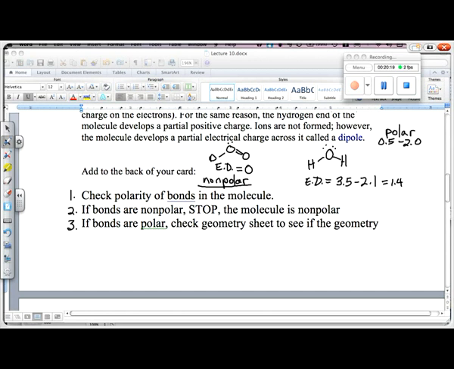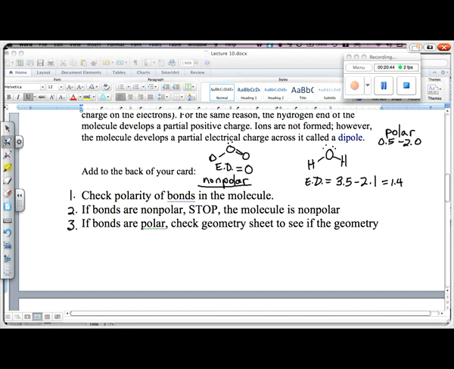This is the first sheet I've seen that actually makes a distinction between the two bent geometries. But anyway, it says yes by both of them. So if you looked on the geometry sheet only, and just kind of skipped steps 2 and 3, then you would get this wrong because it says yes by the bent geometry, which, remember, the yeses and nos are a direct answer to the question, is it polar?